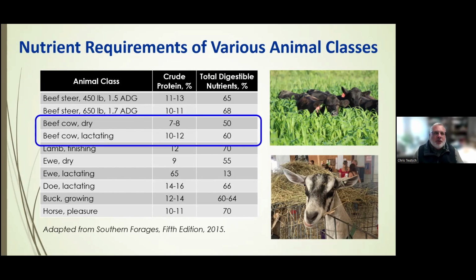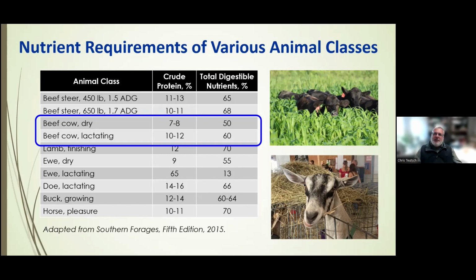Even within an animal class, if we look at the requirements of a dry beef cow, so one that's gestating with a calf in her belly but she's not lactating, that's when her requirements are going to be the lowest, 7 to 8%. When she's actively lactating, her crude protein requirement is going to be up in the range of 10 to 12%. Same thing for TDN.